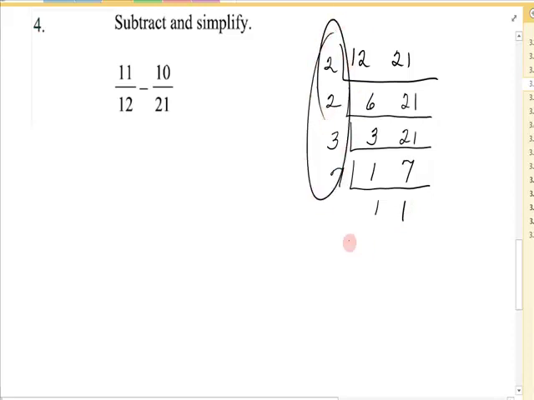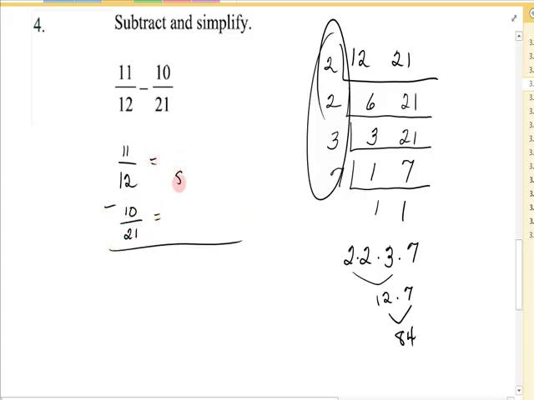I need to multiply those. The least common denominator is 2 times 2 times 3 times 7. 2 times 2 is 4. 4 times 3 is 12. And 12 times 7 is 84. My common denominator is 84. So I have 11 twelfths minus 10 21sts.